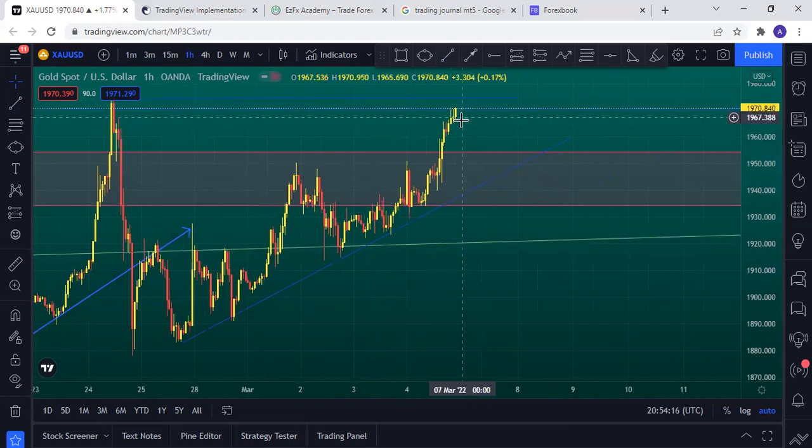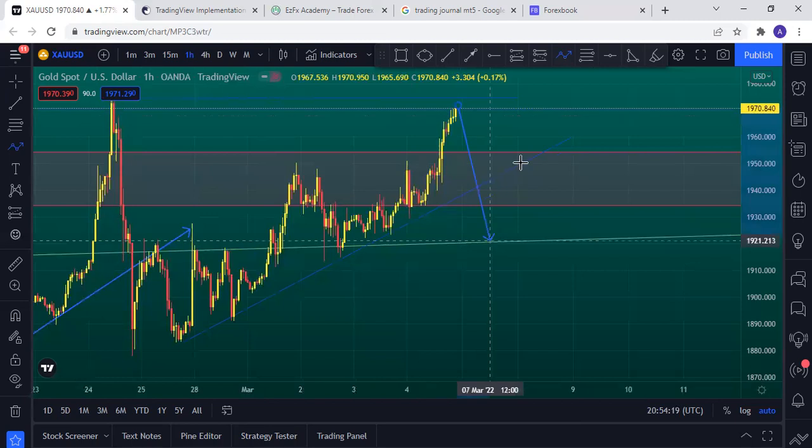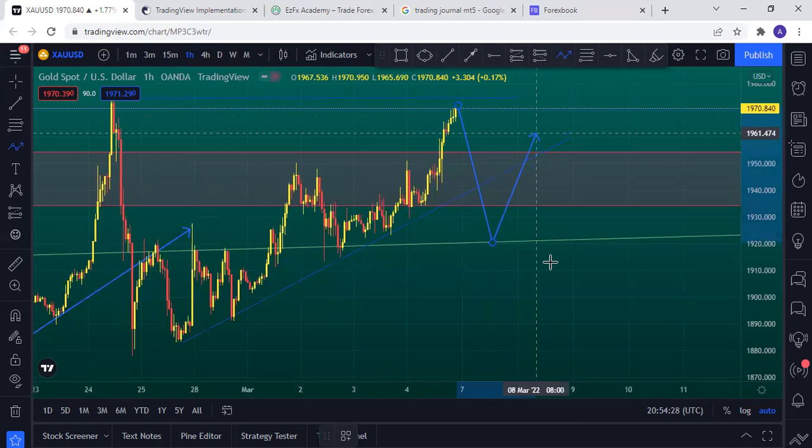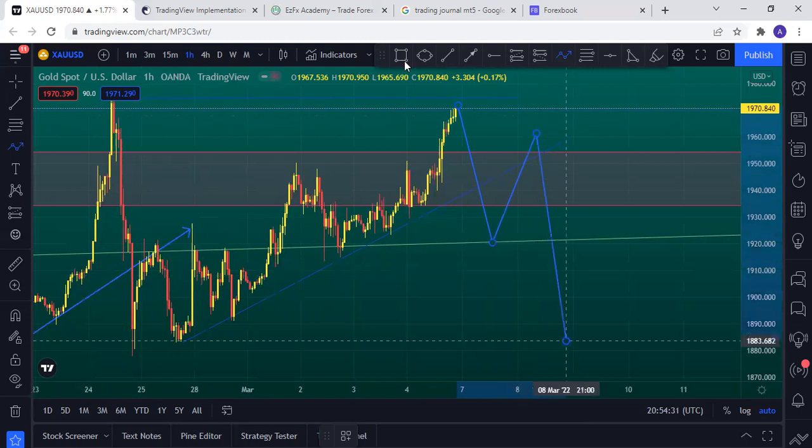One of the things that I'll be looking out to see would be price doing this, at which point it would come back to maybe this breaker block.